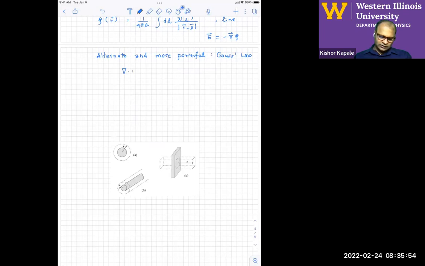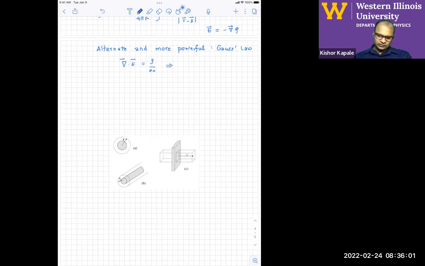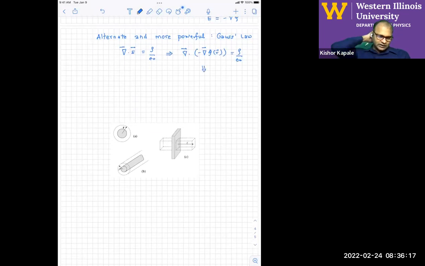Okay, and so what we do is we have the divergence of E equal to rho over epsilon 0, right? That you can convert into the divergence of the negative gradient of phi, which is going to be equal to rho over epsilon 0. And then when you take the divergence of the negative gradient, it's going to give us Poisson's equation. Del squared of phi of r is going to be negative rho over epsilon 0.